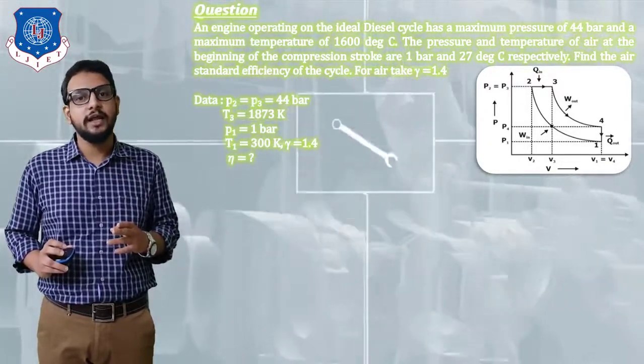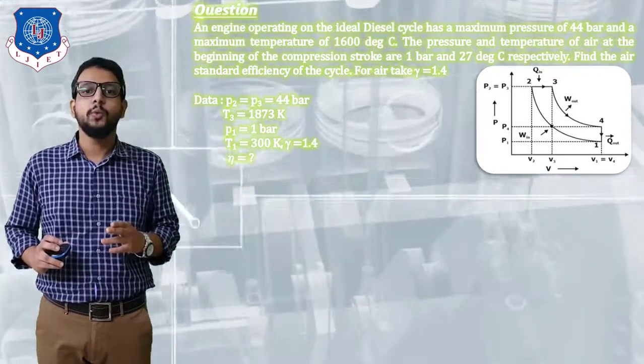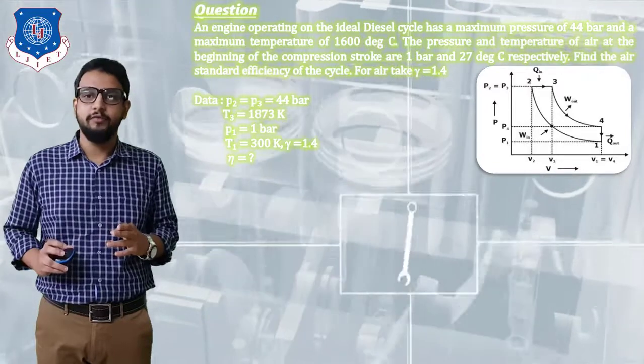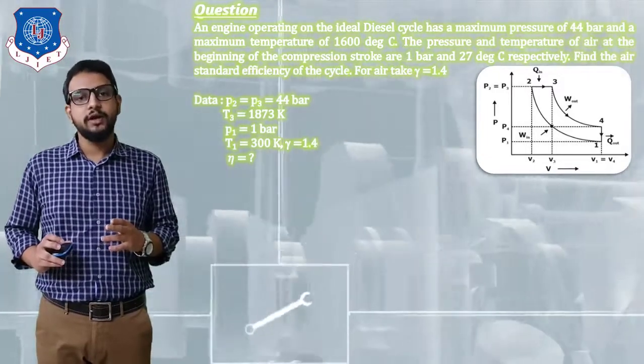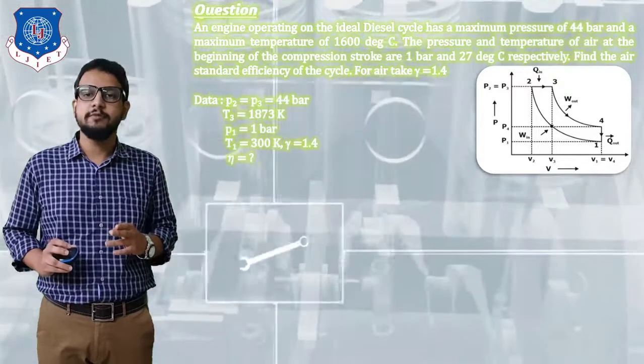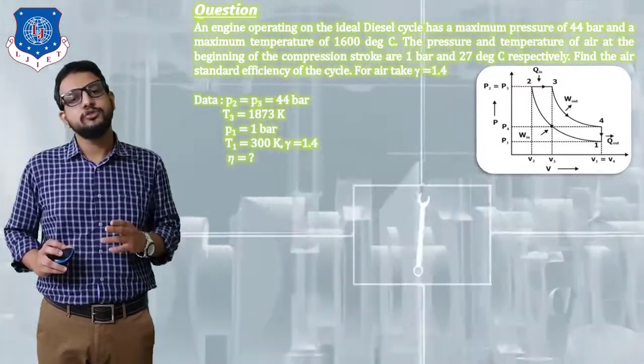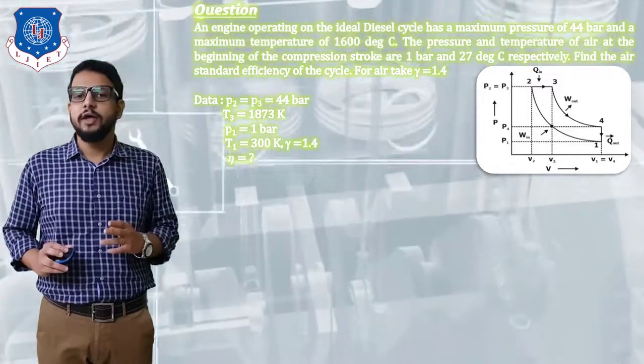Converting it in Kelvin, we write 1600 plus 273, which means 1873 Kelvin. Pressure P1 is 1 bar, T1 is 27 plus 273, which means 300 Kelvin. Gamma equals 1.4. We need to find out efficiency eta.